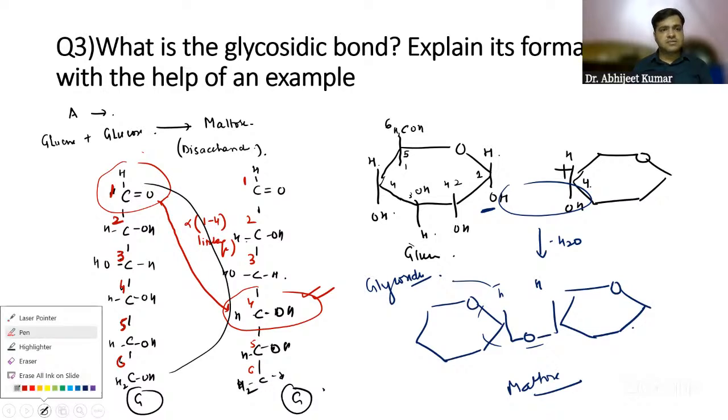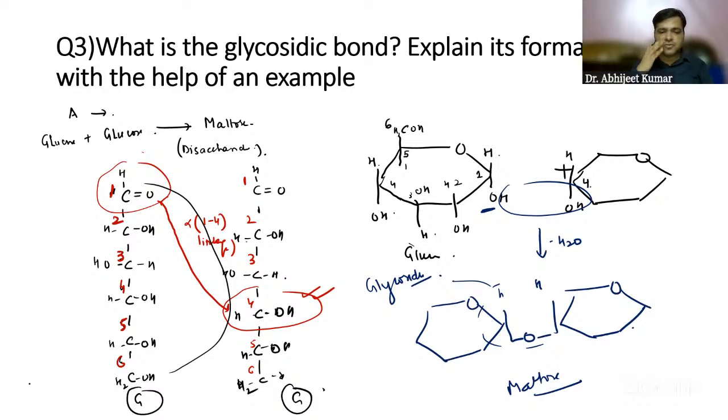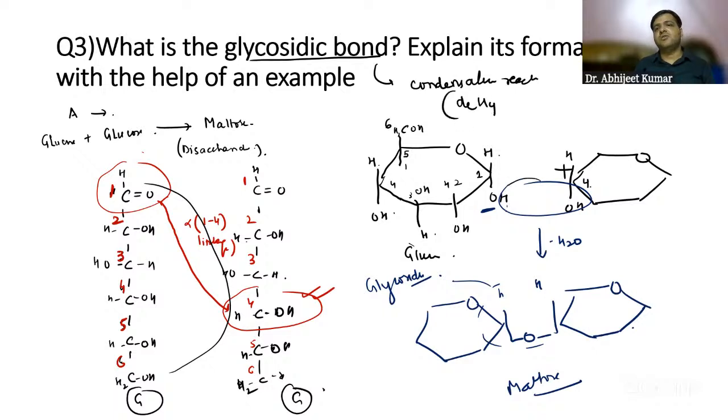So you can just remember from the exam point of view, the formation of the glycosidic bond basically takes place through a condensation reaction, right? Condensation reaction, also called dehydration synthesis. We are removing the water molecule, if you can see. So now what are the steps, guys?